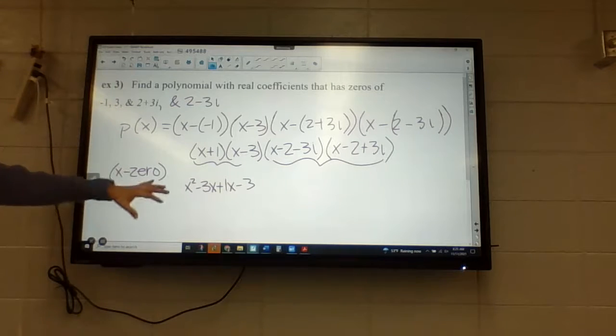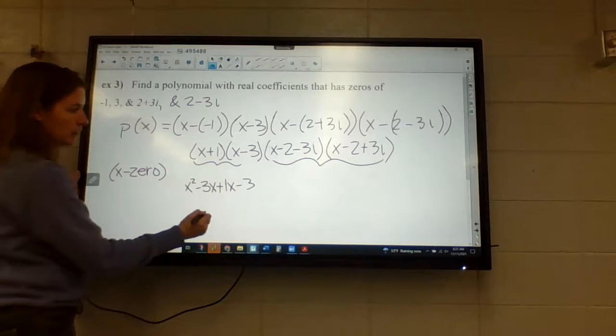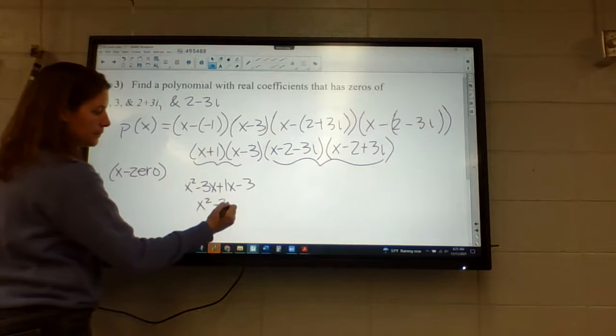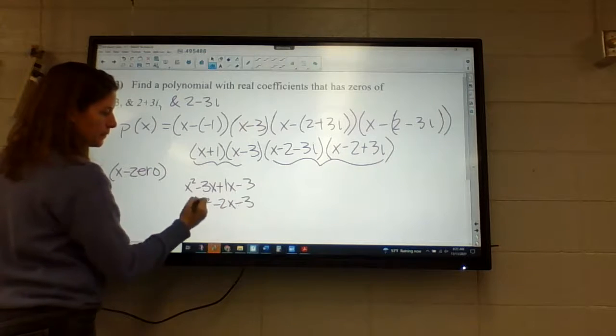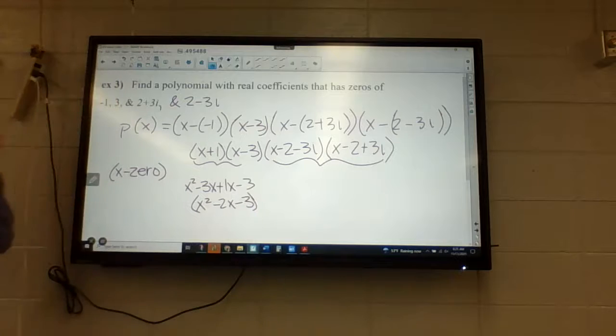So I'm going to kind of FOIL this first one here completely. I'm going to change colors for this one just because I want to kind of keep it sorted out here so I don't lose anything. Draw more line here. So I'm going to multiply the x by everything.